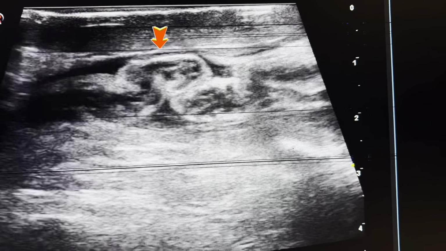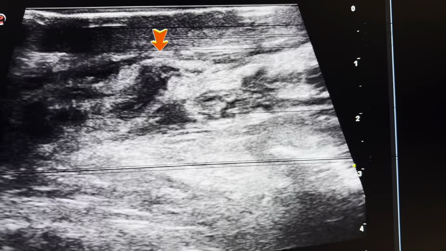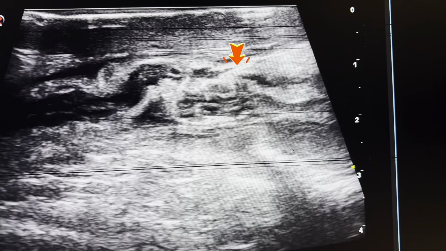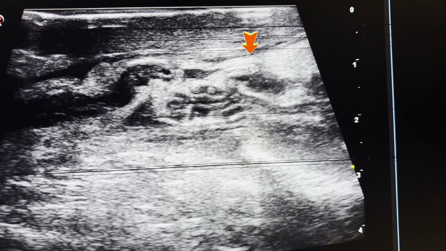This is the spermatic cord, which shows increased echogenicity and increase in size.